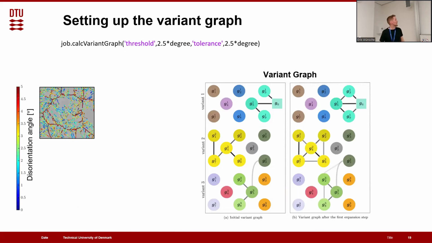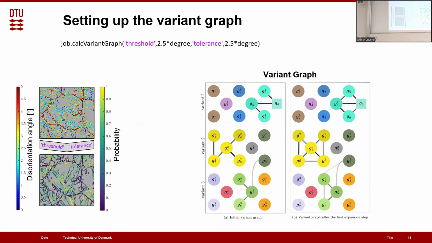And this probability is actually directly derived from this disorientation angle that we saw earlier. So we have this disorientation angle to the orientation relationship, and then using the parameters threshold and tolerance, we can design a probability function that reflects a value between 0 and 1 of how probable it is that a boundary connects two grains that are part of the same parent grain.